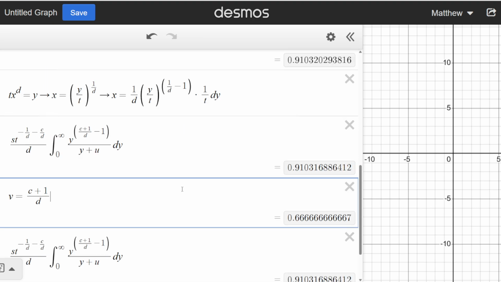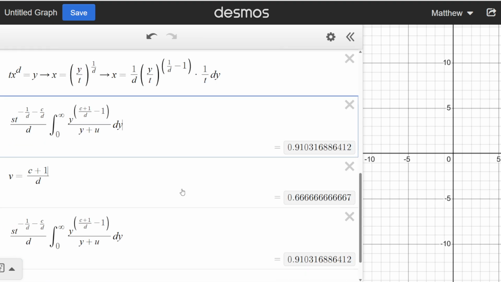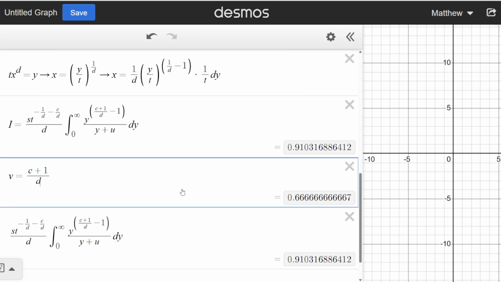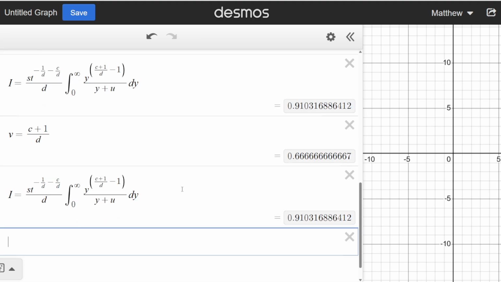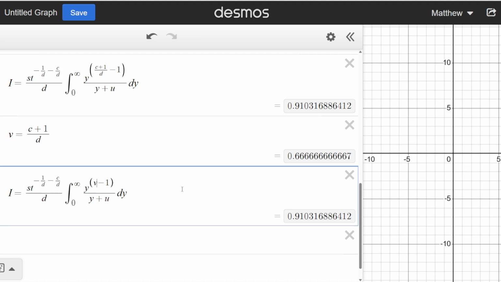I should be labeling our original integrals. We're going to call this I. So I is equal to that, I is equal to this, and I is equal to this. But this C plus 1 over D is just V. So now we just have a V minus 1 here.